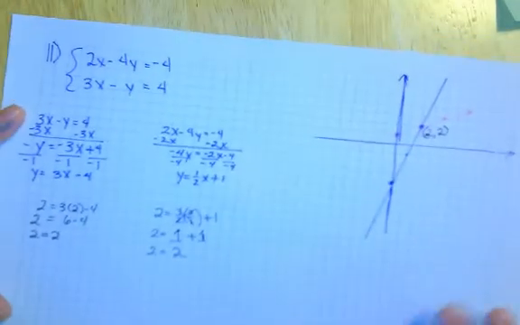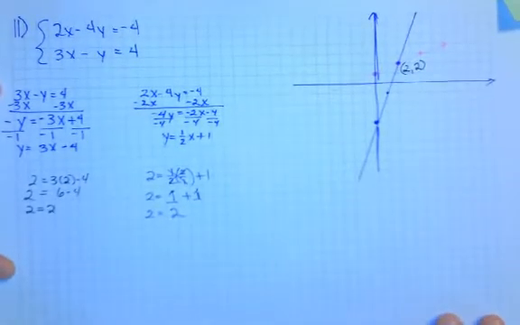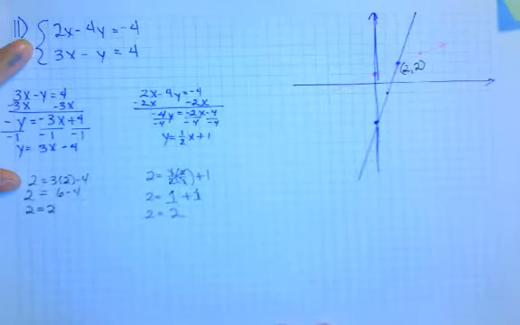The last one, number 11 in this set, you're going to do the system of equations of 2x minus 4y equals negative 4 and 3x minus y equals 4. Both of these are written in standard form, so they must be changed to slope-intercept form.